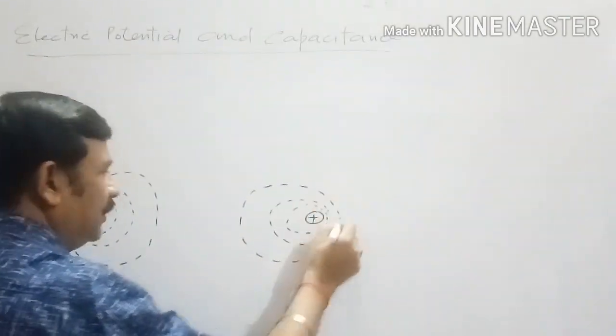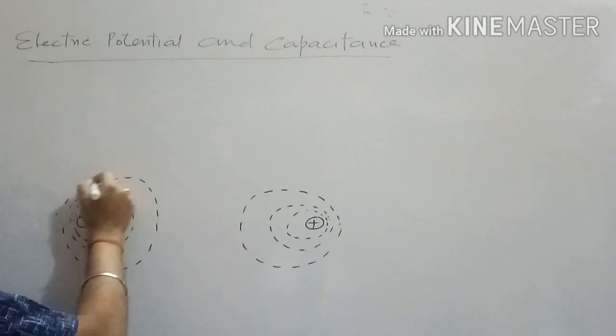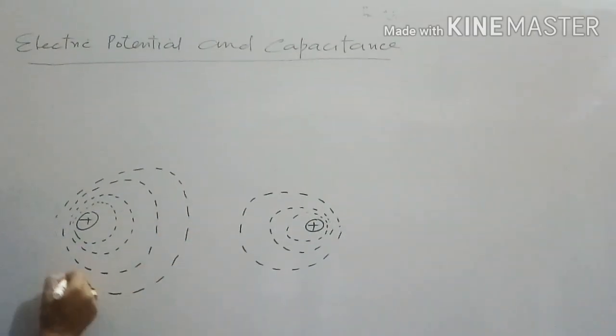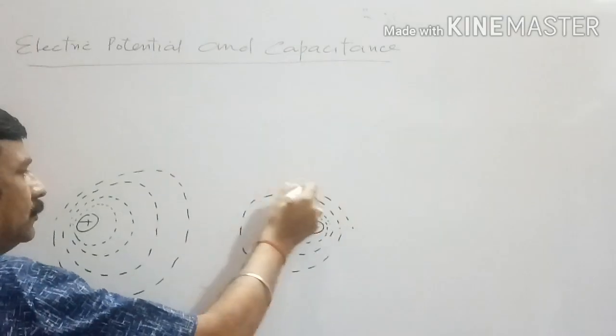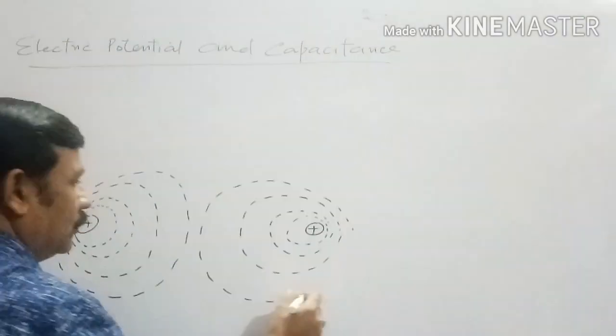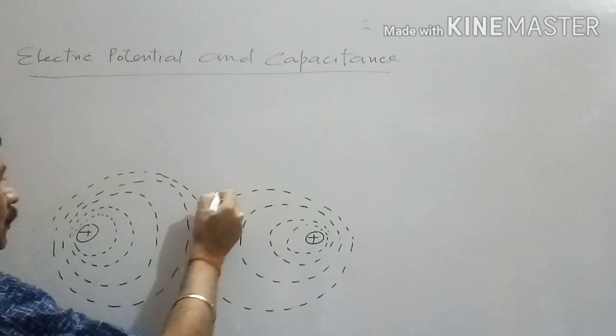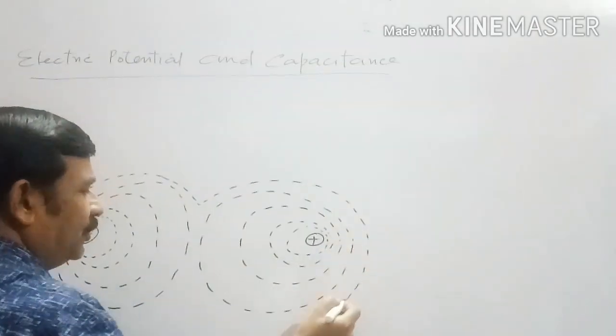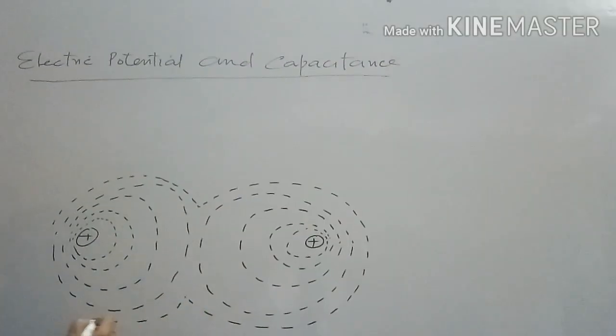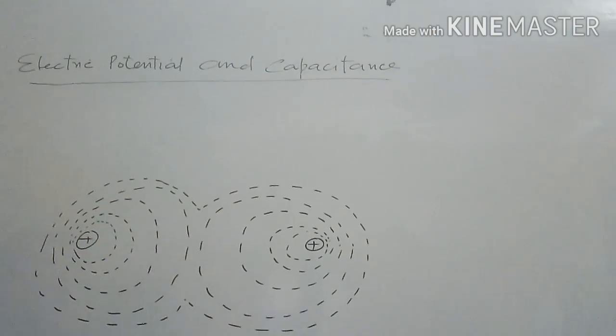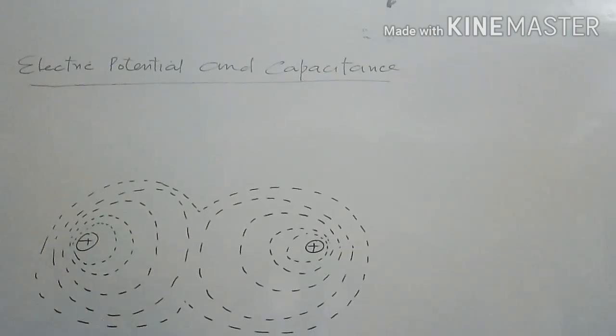Mirror image, draw the mirror image accordingly. It will be the shape of the equipotential surface for a pair of charges having the same magnitude.